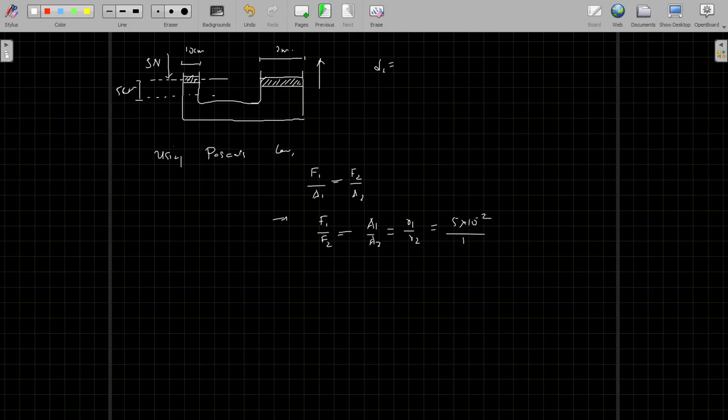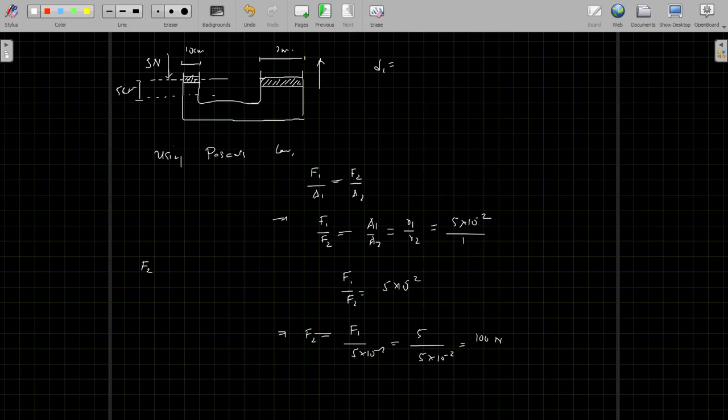That means F1 by F2 comes to 5 into 10 to the power minus 2. Now F1 I know, 5 Newton. So F2 will give me F1 by 5 into 10 to the power minus 2, so 5 by 5 into 10 to the power minus 2. That gives me 100 Newton. So you see how much the amplification ratio is; you can easily find out.